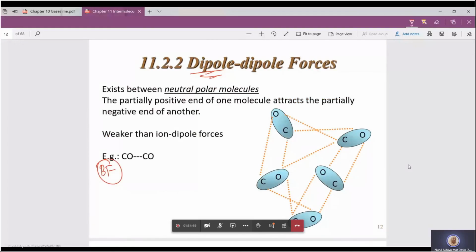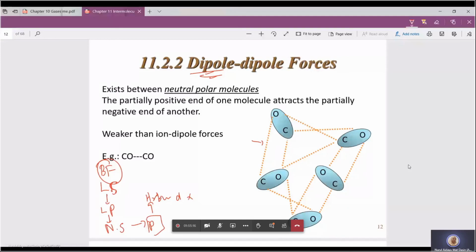Check the Lewis structure. If they have lone pair, this structure is non-symmetry. Non-symmetry is polar. If polar, you check the hydrogen bond. If they have hydrogen bond, then the force here is hydrogen bond. But if no hydrogen bond, this is dipole-dipole.